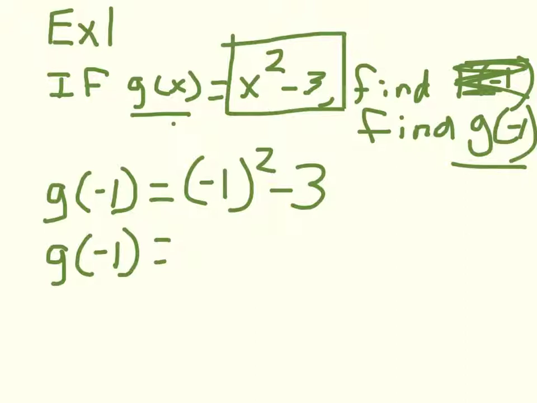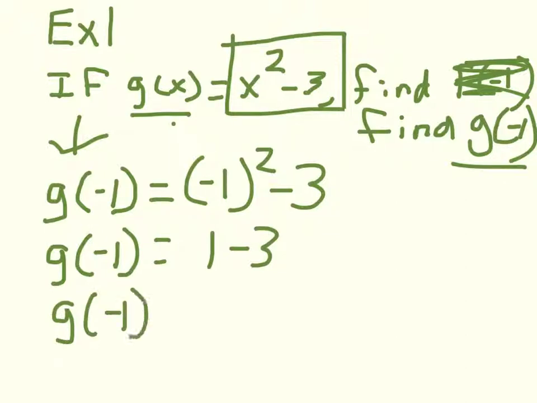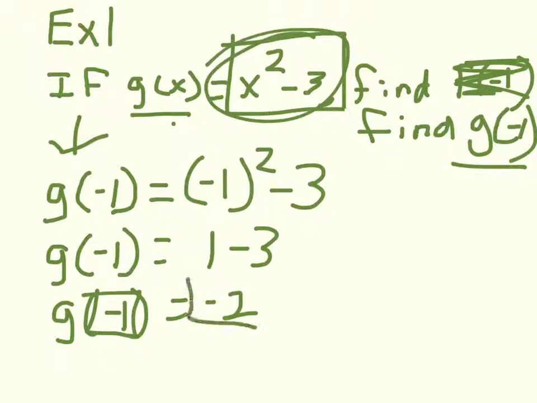Over on this side, it's just a label. Negative 1 squared, negative 1 times negative 1, is 1, minus 3. 1 take away 3 is negative 2. So g of negative 1, in other words, when we put negative 1 in for x, I get a value of negative 2. And we're done. That's all it is.